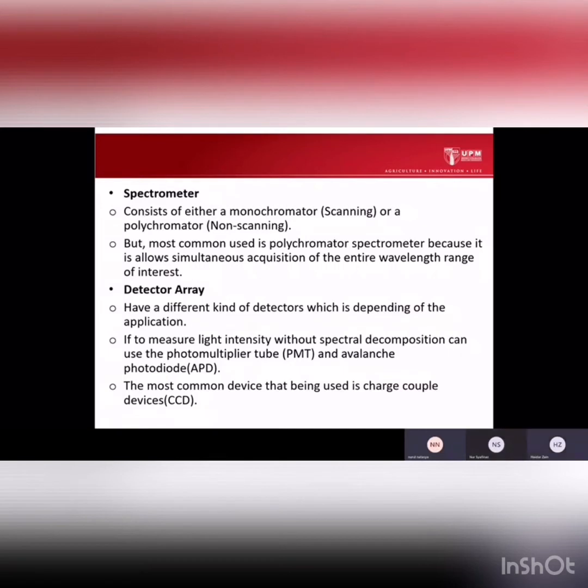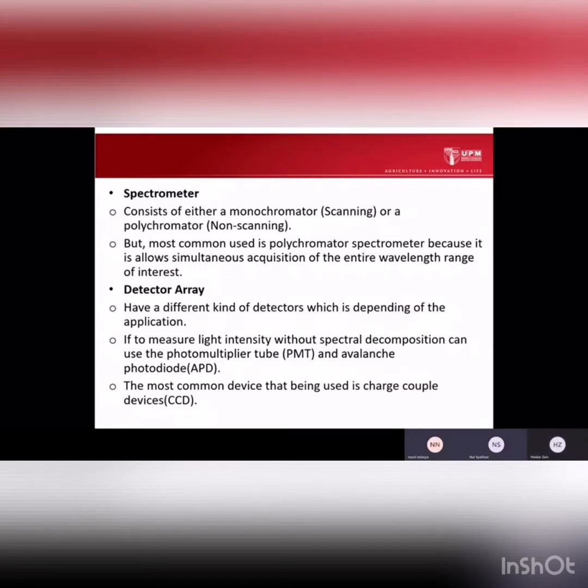There are different kinds of detectors, depending on the application, and they come in different types. To measure light intensity without spectral decomposition, you can use a photomultiplier tube, or PMT, and an avalanche photodiode, or APD. But the most common device that we use in our instrumental structure is the CCD.